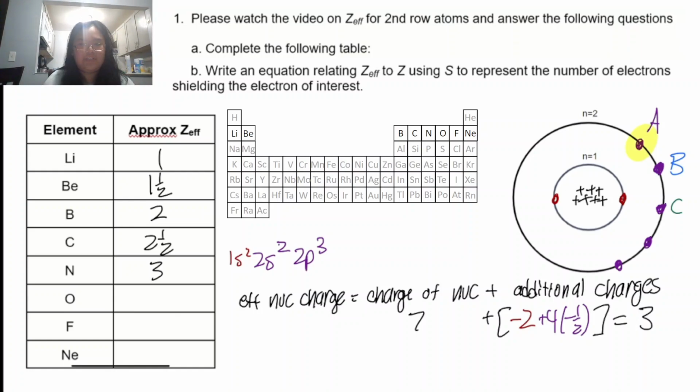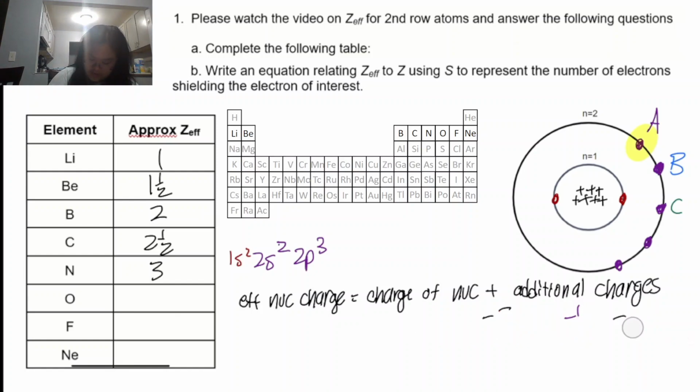So by now you should notice that the Z effective is going up by half for each element, and there's a reason for that. For each element, we are adding a full proton to the nucleus, and that proton contributes a full positive charge to the nucleus. And we're adding another electron to the outermost shell.